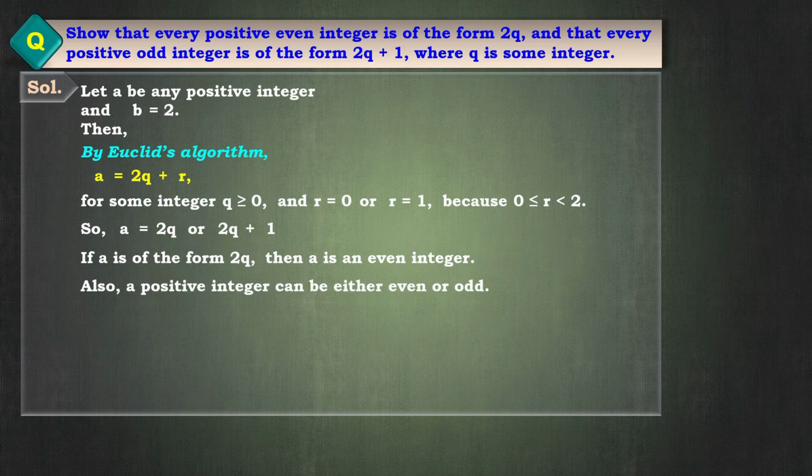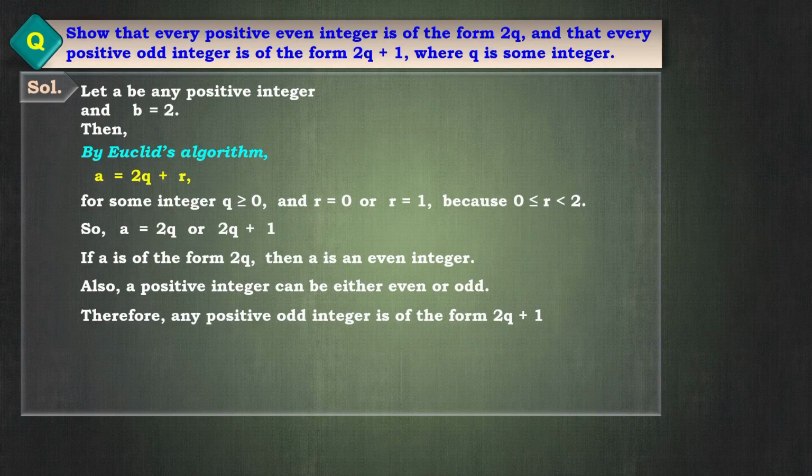Also, a positive integer can either be even or odd. So therefore any positive odd integer is of the form 2q plus 1, because there are two forms for a: one is 2q and another is 2q plus 1. Now 2q is always even and 1 is the odd number here, right?